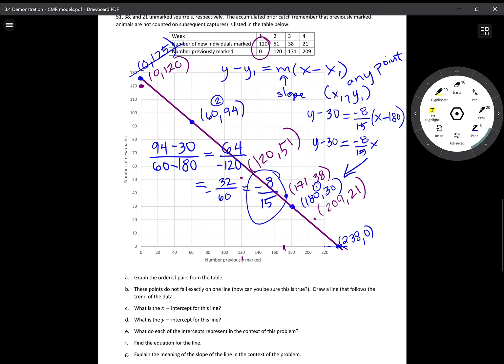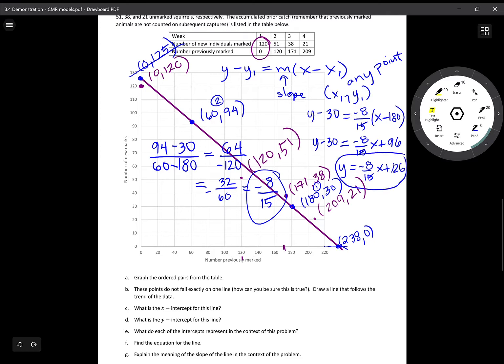I could, because I think 15 is going to divide in nicely, but to save you from having to watch me make arithmetic mistakes, I'm going to double check myself. So 8/15 times 180 is 96, and since they're both negative, that's going to become a plus 96. And then my very last step would be to add 30 to both sides. So y equals negative 8/15 x plus 126.